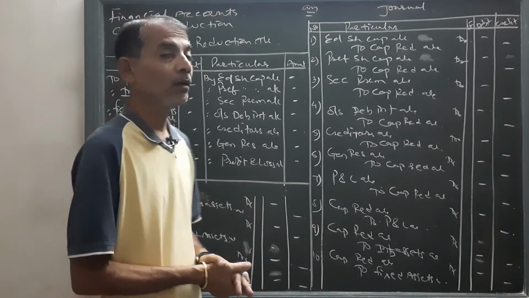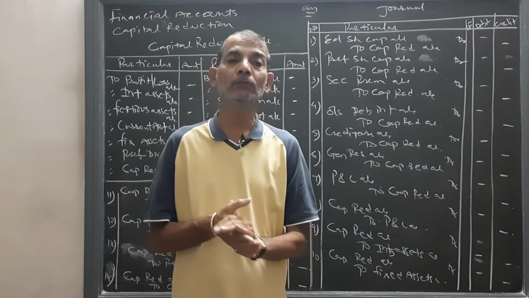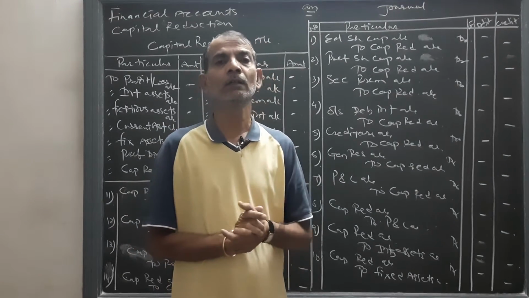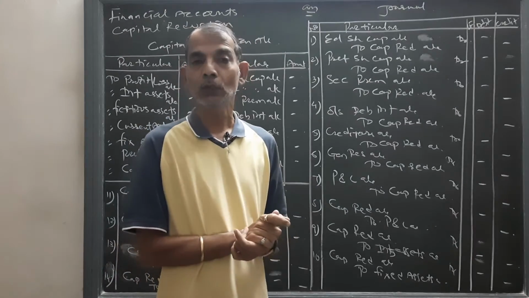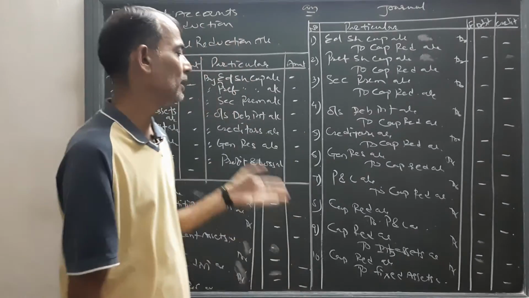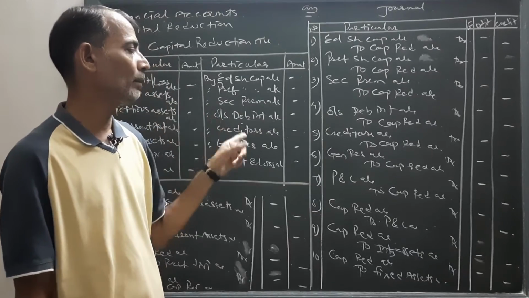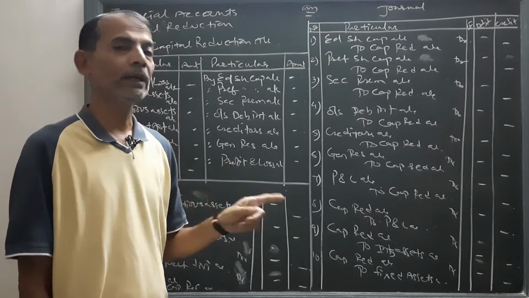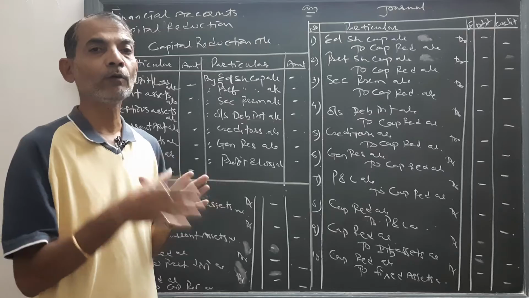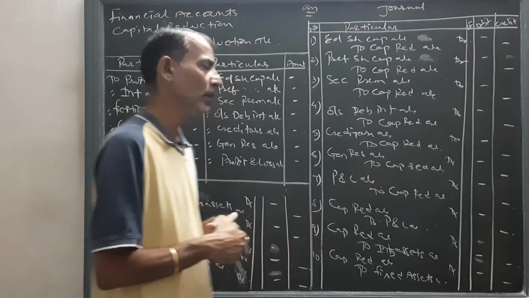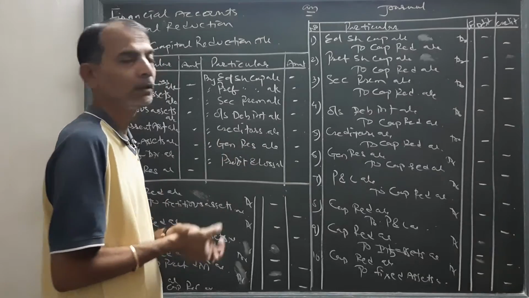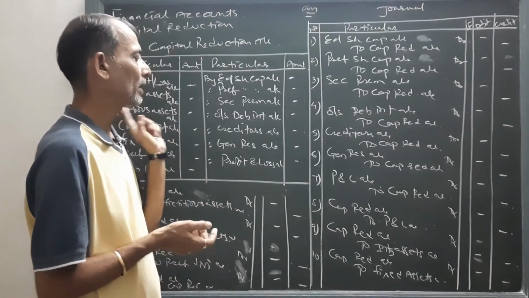If the company decides that general reserve is also to be utilized, the entry is general reserve account debit to capital reduction account. Whatever amount is used, the entry is passed for that amount, and it is written on the credit side of the capital reduction account.